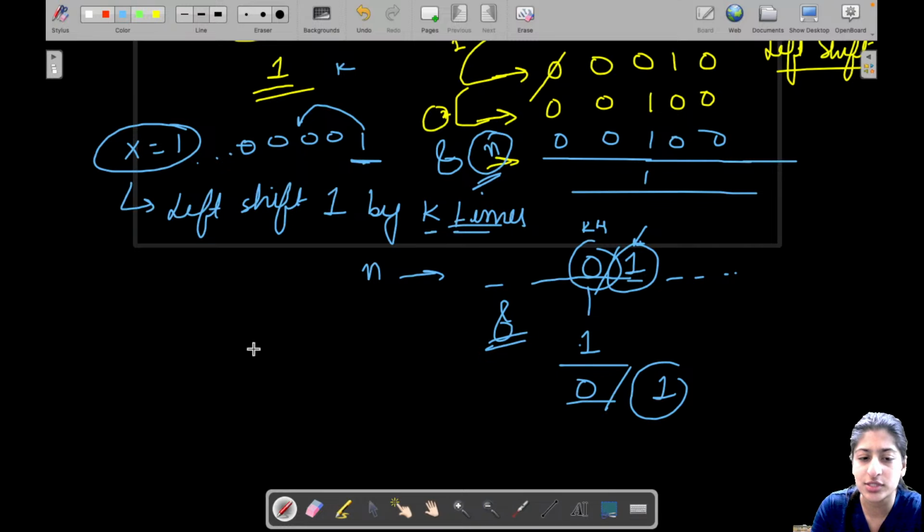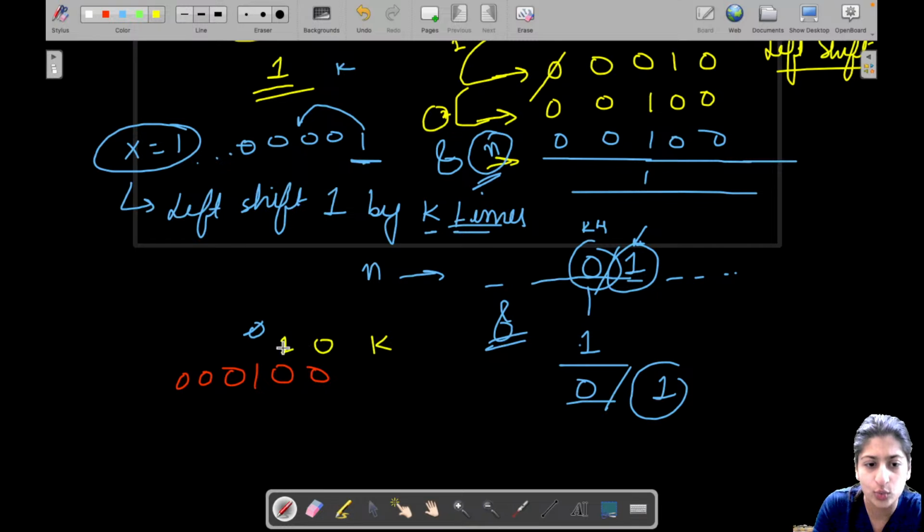Even if you see it in this way, don't get confused, your indexing starts from 0. So let's say your number is 4. So what you had was 100, right? Rest of the numbers can be taken as 0. This is for explanation. Now I am writing k here. This is k equal to 0, this is k equal to 1, this is k equal to 2. Now I have 1 which can be represented like this.